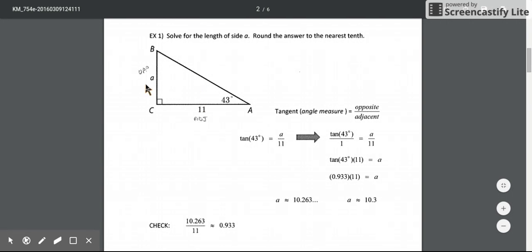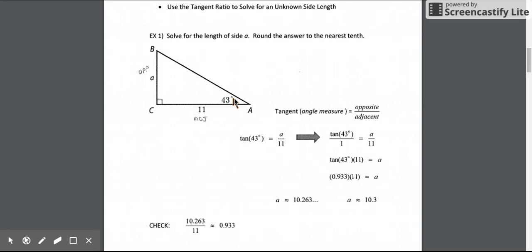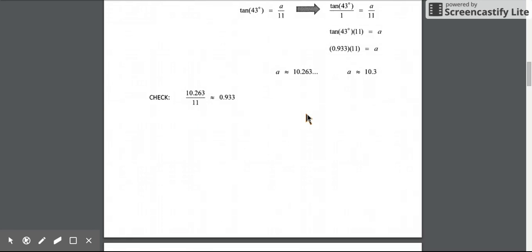And so this length has a lot to do with this angle measurement, but also has a lot to do with this adjacent side length that's connected to it. And so trigonometry is kind of putting that all together and saying that the tangent of 43 degrees has to be this height divided by 11. So this height divided by 11 has to be the same value as the tangent of 43 degrees.